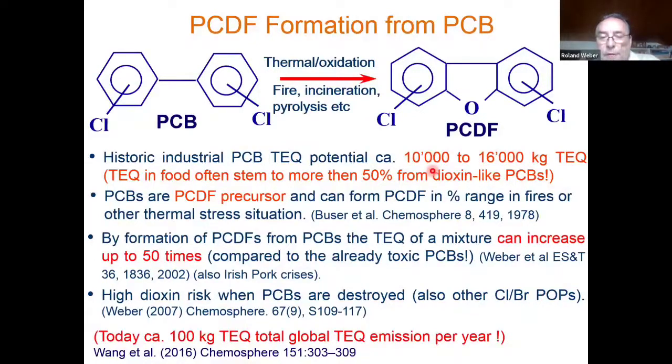Therefore, it is so important to do appropriate PCB management, use appropriate facilities, and understand the high risk of dioxin formation when PCBs are destroyed. And therefore, when you have a fire with a PCB transformer, afterwards the whole thing is much more toxic. There is one building in the US where in the 1960s they had a fire. Since then, the building is closed until today.